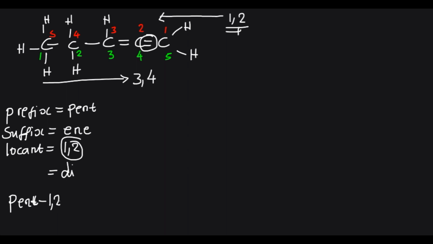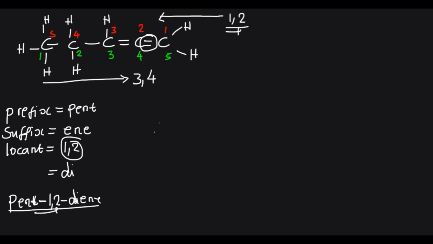So the pattern is between the numbers you put a comma, but between the word and the number there is this dash here. Then from there we are going to put another hyphen. Then we are going to put di, which means that we have 2 double bonds. Then from there we add the suffix e-n-e. So this is how you name a compound like this.